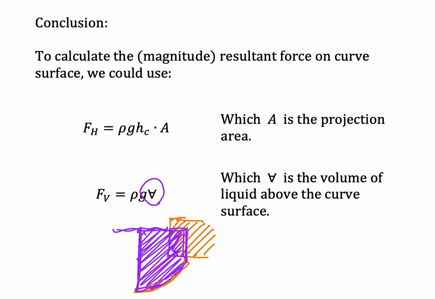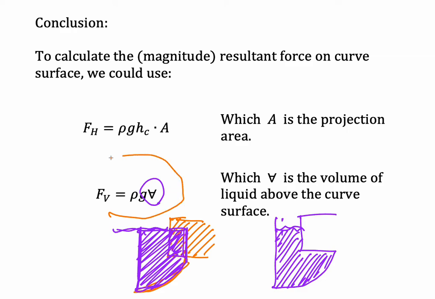Let me explain again. If we have a design like this one, for example, you have water here, and in the real situation the water only fills this area. But when you calculate the vertical force, you need to use the equation rho g V, and the V here is the volume above the curved surface.